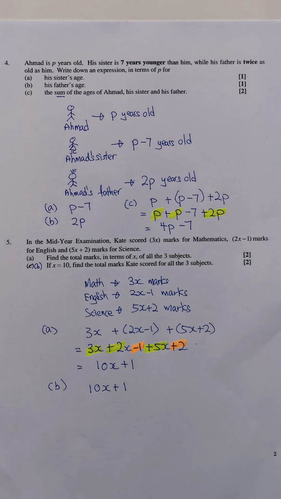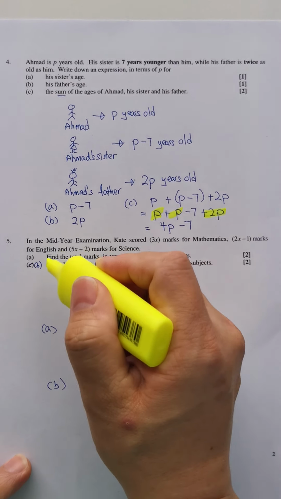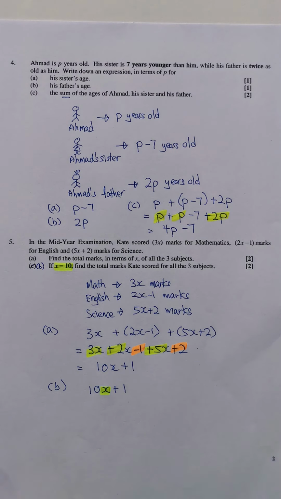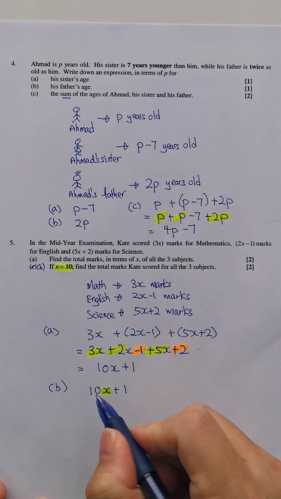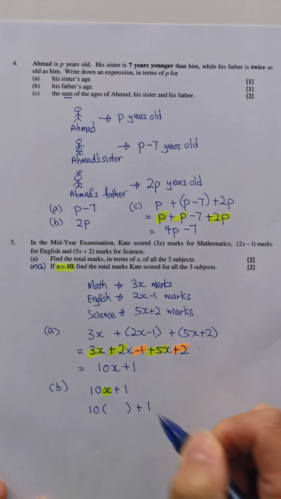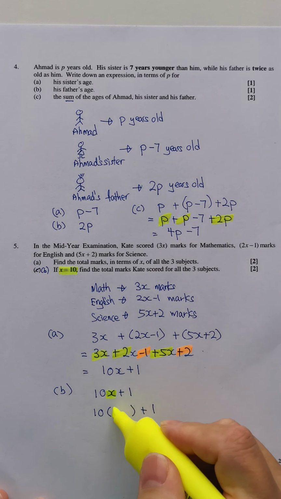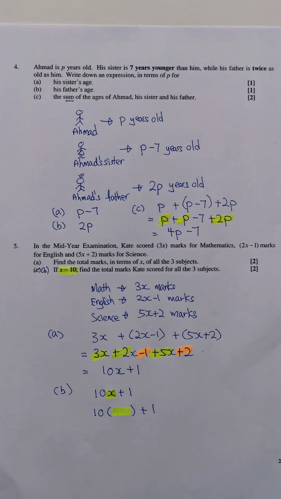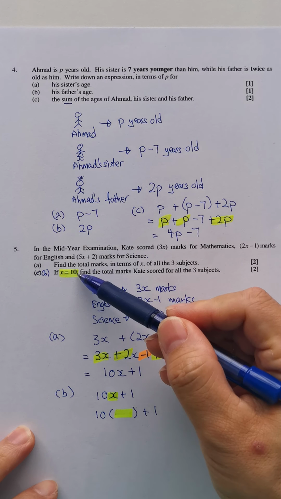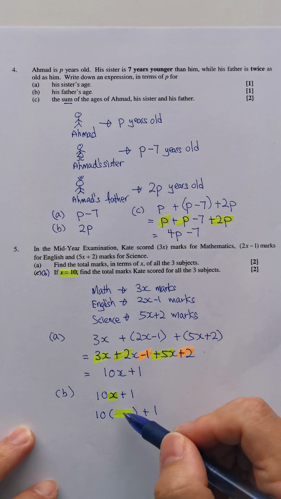If you want to see it more clearly, you can highlight x equals 10 and highlight your x. I'm going to substitute in instead of x. Now I put a bracket, and I have something here which is yellow in color. I'm going to substitute x equals 10 into my bracket here.